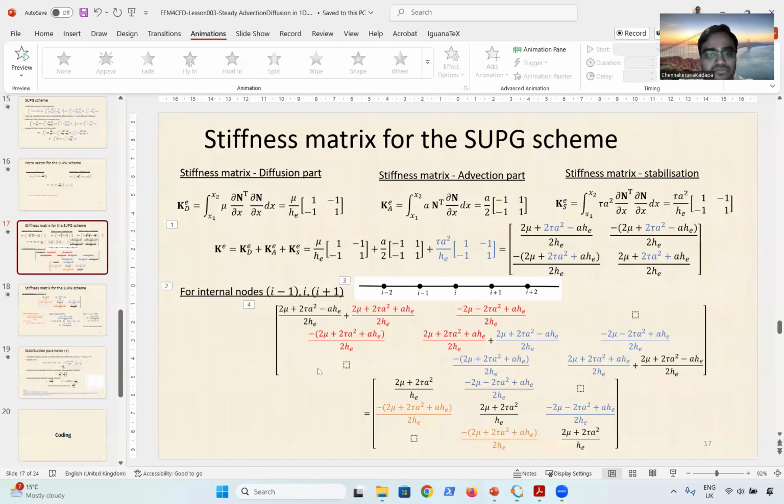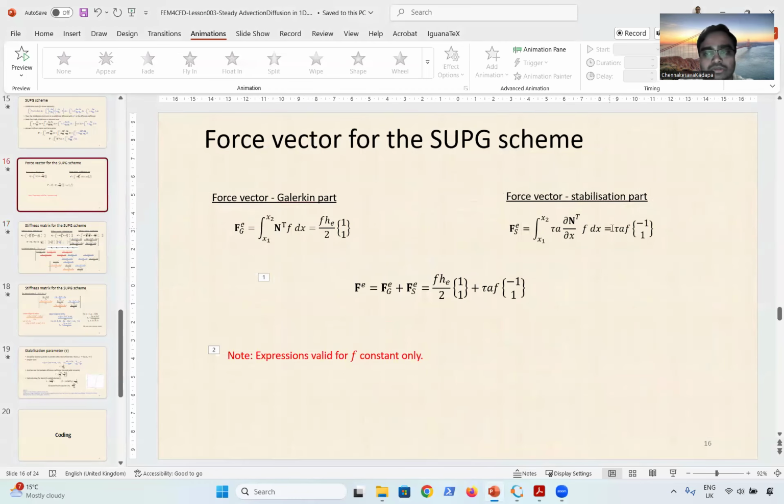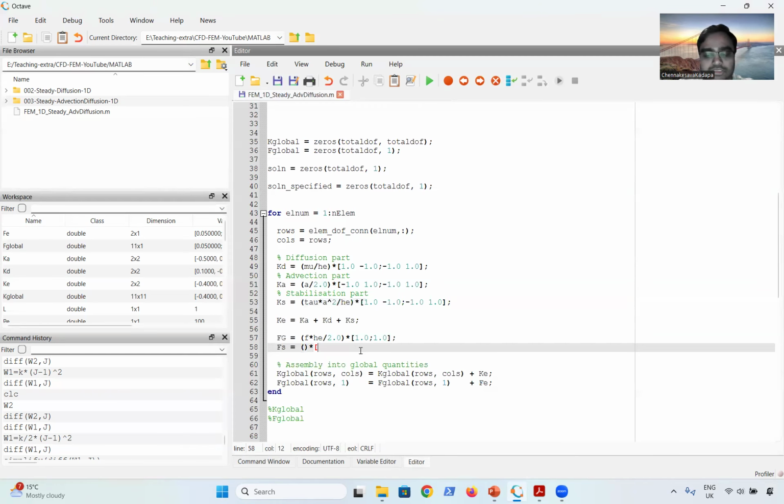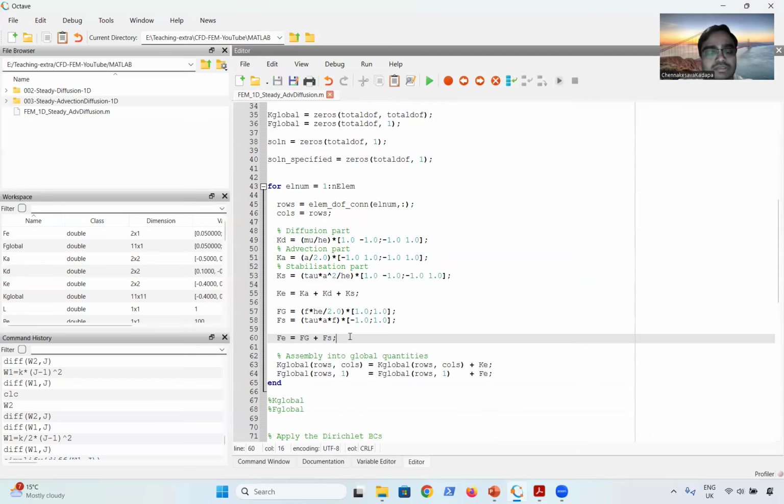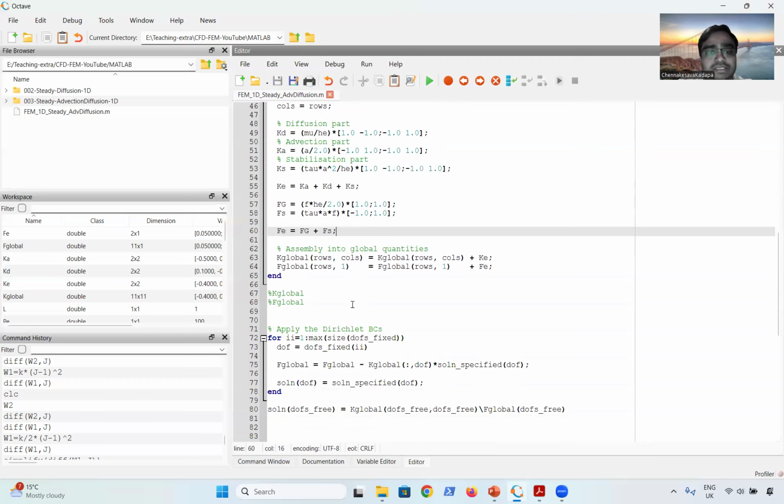Then tau AF times minus 1 plus 1 gives the stabilization force, and our element force vector is Fg plus Fs, so Galerkin part plus stabilization part. Afterwards we don't need to change anything much.